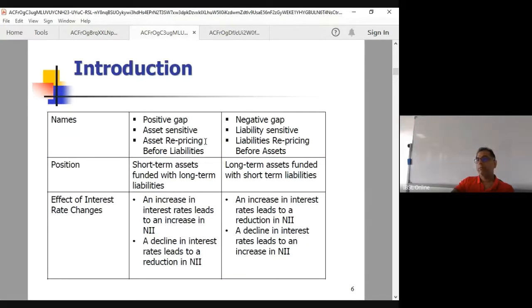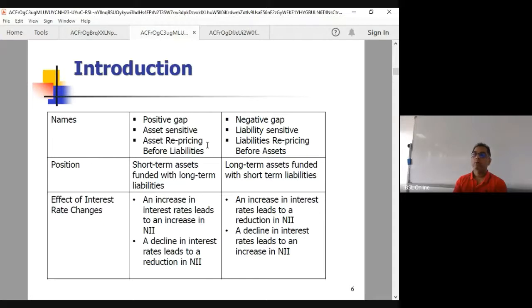Then from there, we looked at, based on your gap position, whether you are a positive gap or a negative gap, how you would define your institution's balance sheet or ALM structure, or how you would define your overall sensitivity to movements in the interest rates and movements in the market overall.